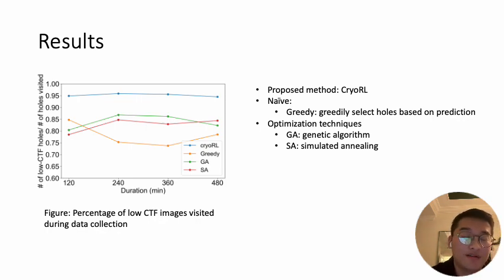On the figure on the left, we can see that CryoRL in general selects the highest number of good CTF, which is the quality of the micrographs, given the total number of holes that we visit in this trajectory, for different durations, the limit on the total number of minutes we allow the agent to navigate in a grid.